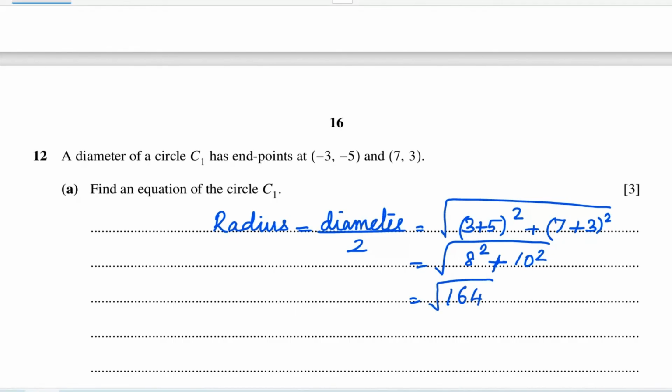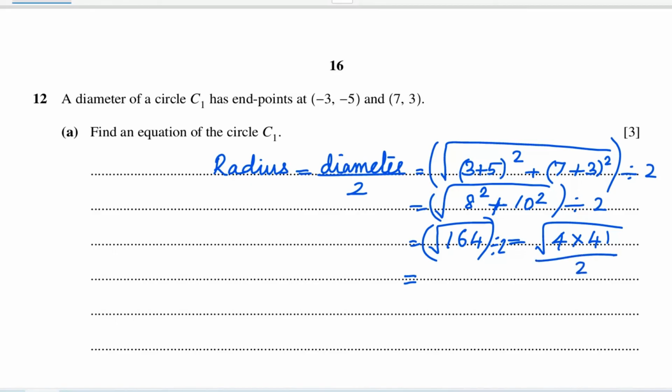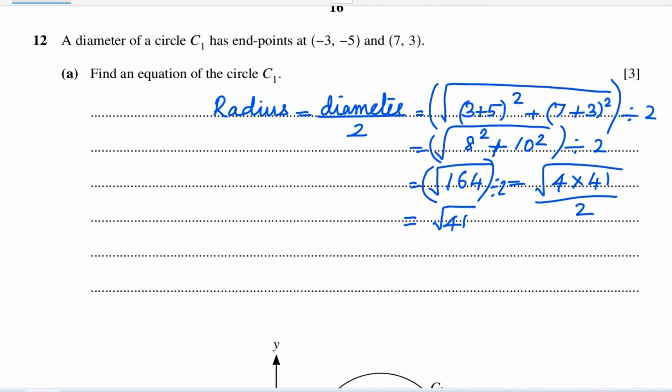This is the diameter, or we can write this as 4 multiplied by 41, the whole thing divided by 2. So this is nothing but the square root of 41, which is the radius.